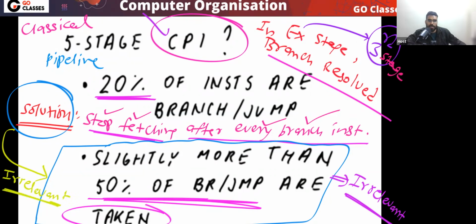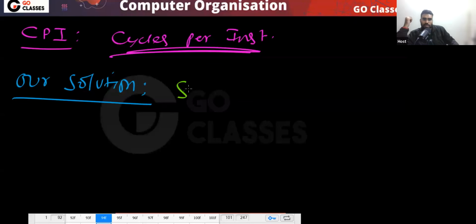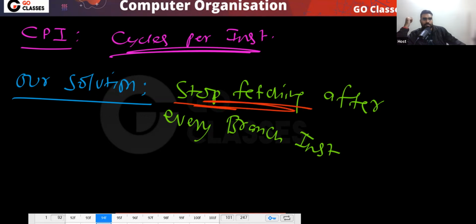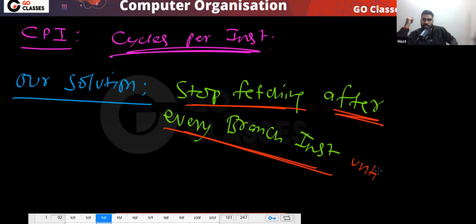Is this clear? Because you are stopping fetching after every branch instruction. So please understand this point. Our solution is just stop fetching after every branch instruction until the target is resolved, until the branch is resolved.